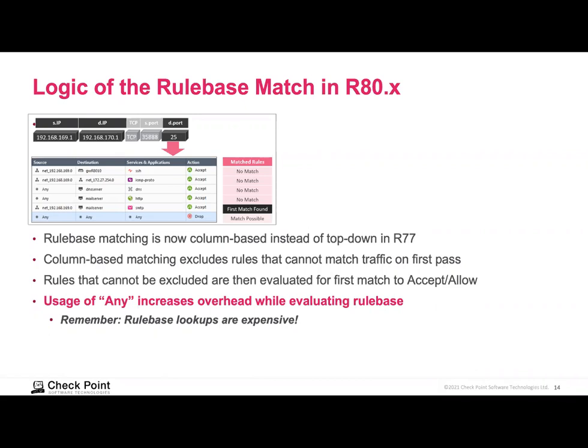And this is where we can see a performance bottleneck with the use of any, because any rule that has any is going to pass into that second phase and need to be evaluated a second time. So even though we've optimized the rule flow and rule matching, any can still be a killer if it's used frequently enough. So if you're going through and trying to optimize policy, really take a good look at where you're using any.